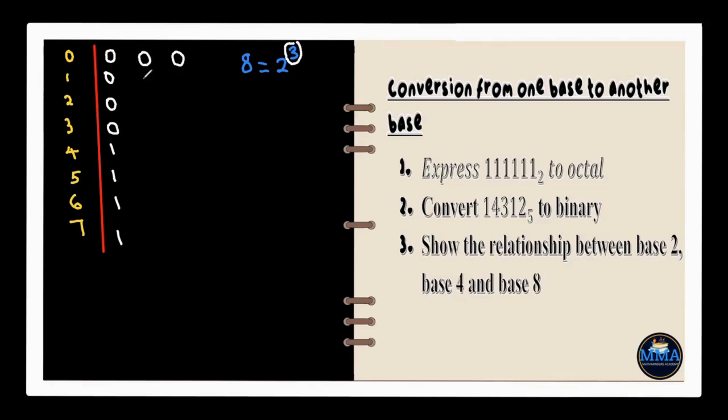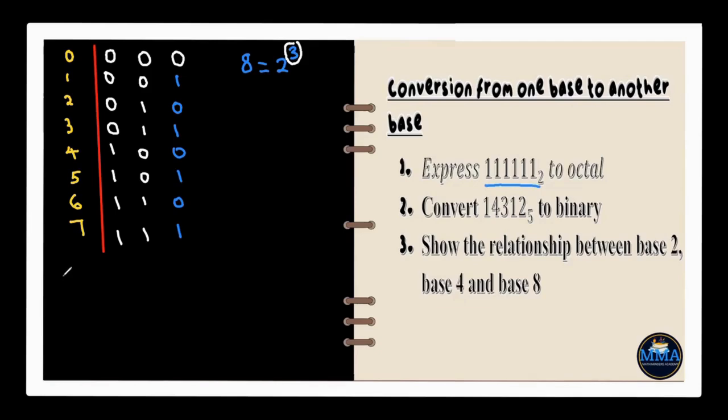So we have 2 zeros, 2 1s, 2 zeros, 2 1s. Now, for this last one, we are going to have 0, 1, 0, 1, 0, 1, 0, 1. Beautiful.